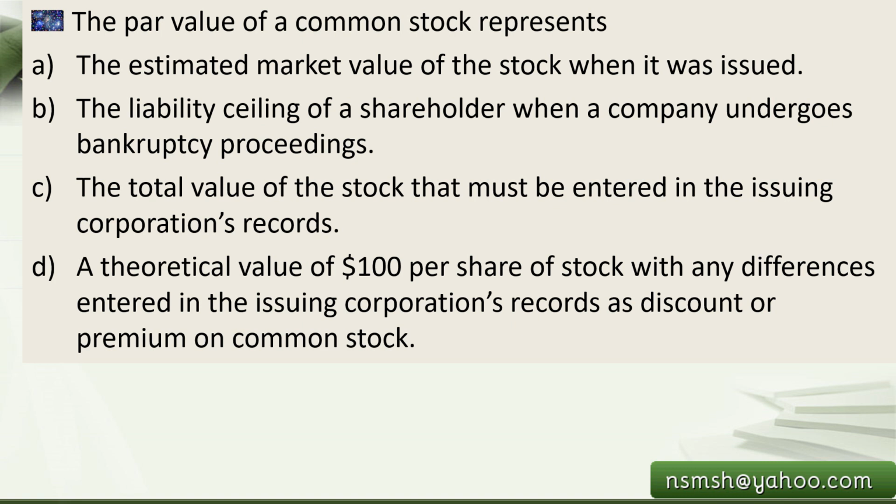Option D says a theoretical value of $100 per share of stock with any differences entered in the issuing corporation's records as discount or premium. Discount or premium cannot be taken for the par value of the common stock. So option B.